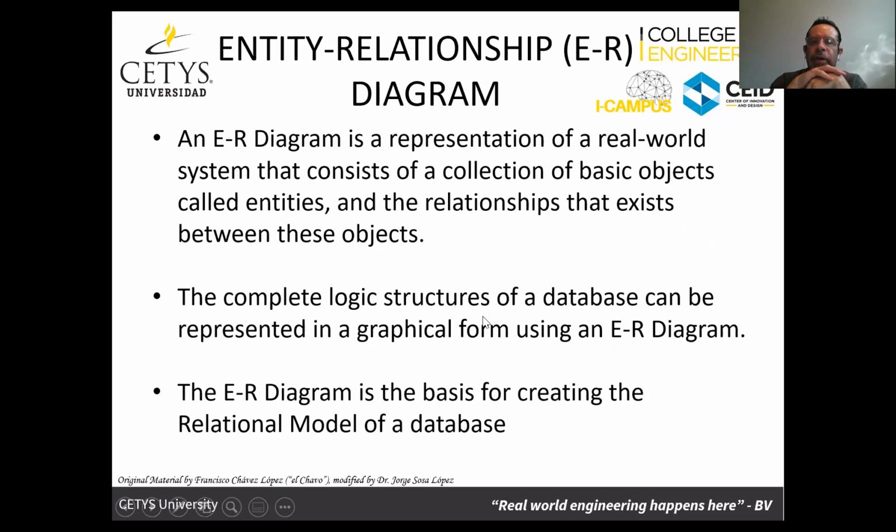What is an ER diagram or an entity relationship diagram? An entity relationship diagram is going to be the representation of a real world system or process or situation or problem. And it's going to have certain objects that we're going to be calling entities and how they relate to each other. And those entities and those relationships come out of the analysis stage.